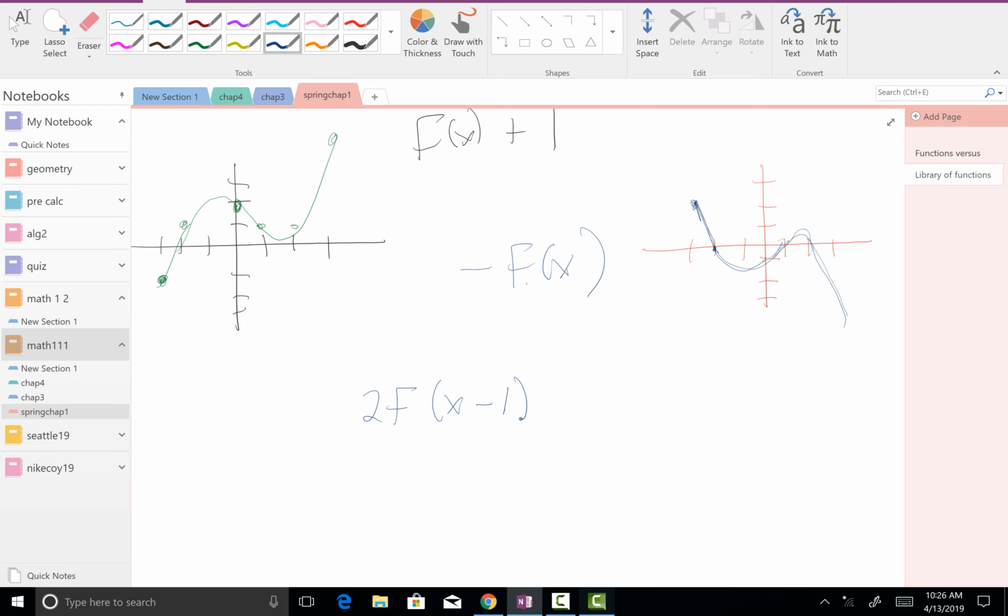What is this thing going to do to the graph? It's going to move it over. And then what is this going to do to the graph? So the question is, what happens first? Does it do this part first or this part first? We got to know what it's going to do first, because that could change the answer.